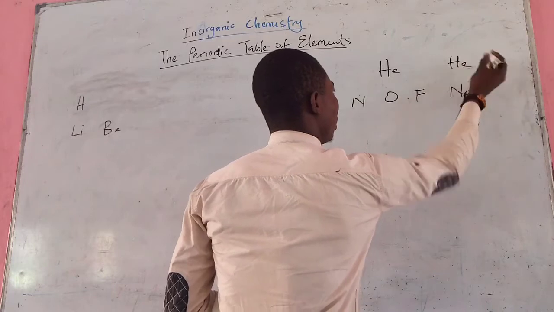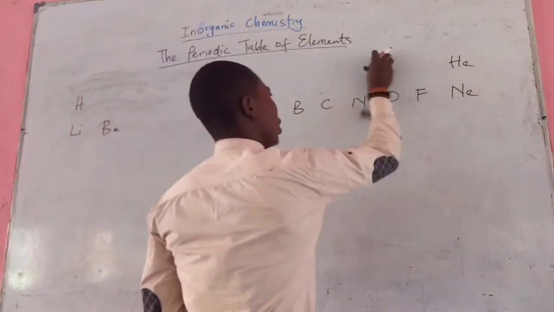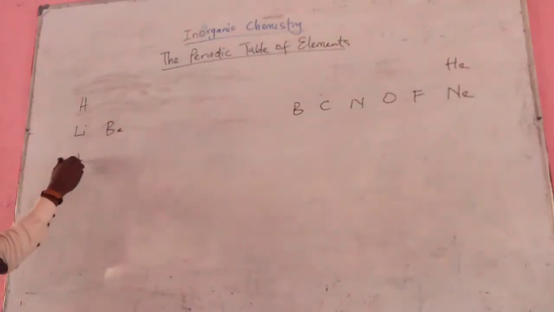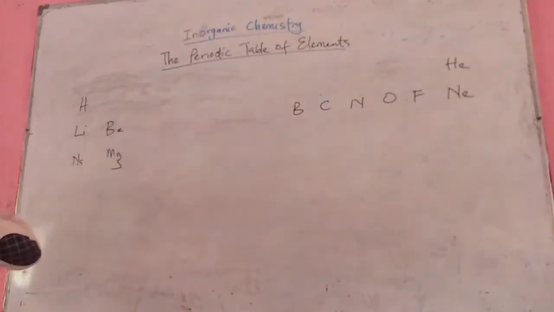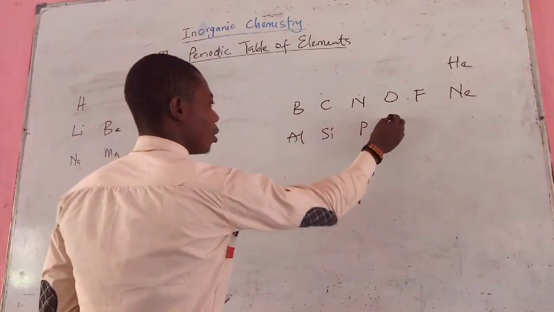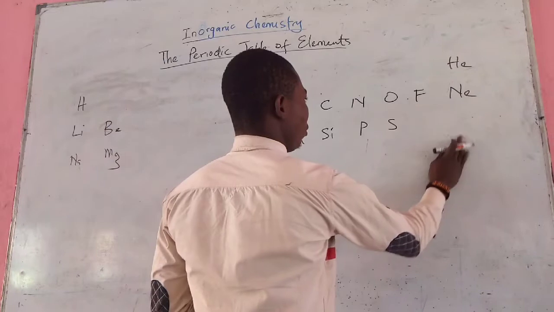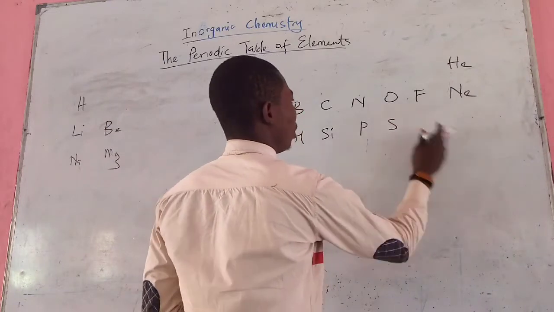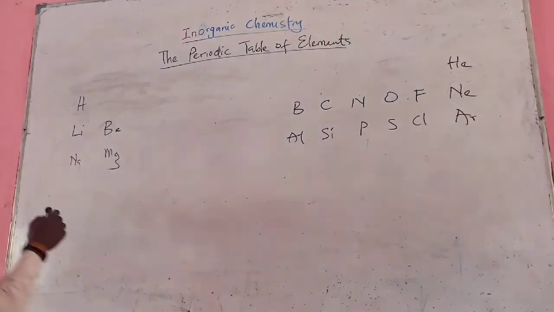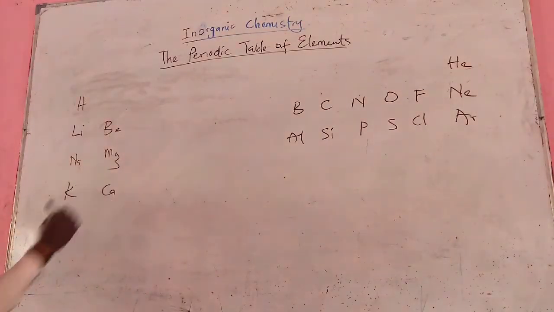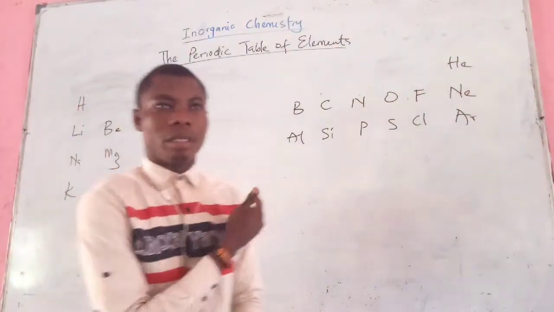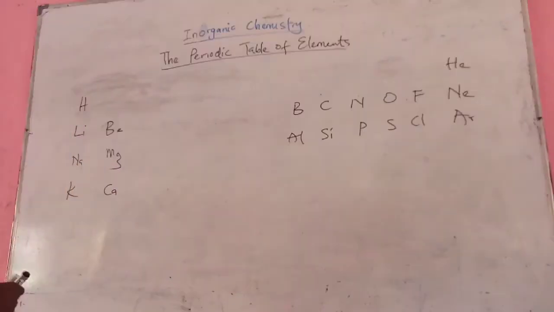Helium will be here, neon, sodium, magnesium, aluminium, silicon, phosphorus, sulfur. After sulfur we have chlorine, argon, potassium, calcium. These are the first 20 elements in the periodic table.